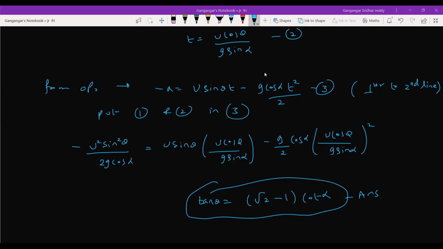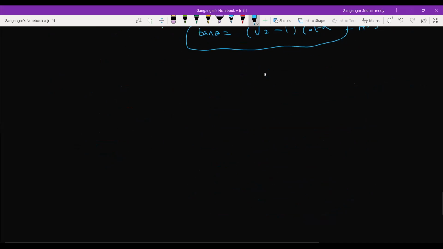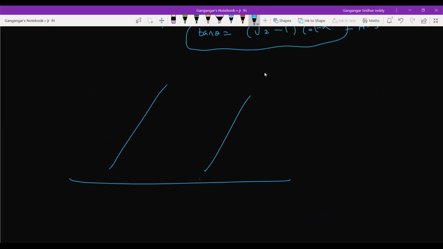Theta plus alpha should be less than 90, no, then only it will strike that incline. Otherwise, it will move on to the left side. I think it's general common sense. If I project like this, it will go like this, no?